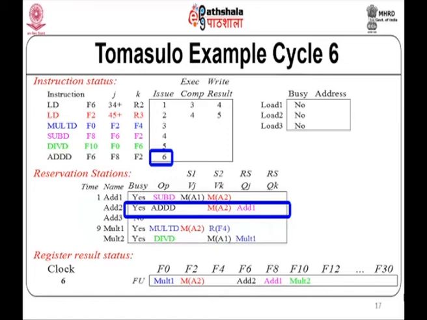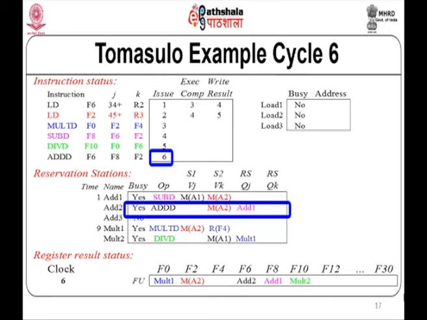In clock cycle 6, the 6th instruction is being issued. The 6th instruction is your add instruction. Add is issued to a reservation station allocated to your add functional unit, which is your add 2 unit, so that has become busy now. One operand for the add instruction is F8, the other one is F2.